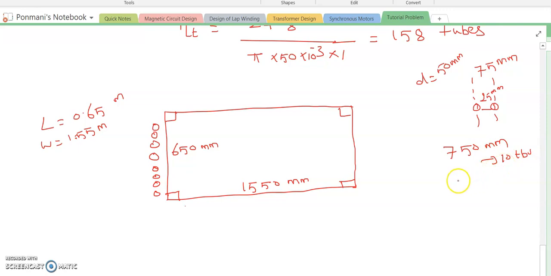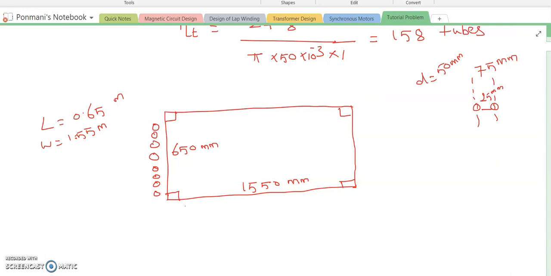And if you arrange 20 tubes, it will be 1550 mm. Like that you can arrange some number, but the spacing you also have to consider. So we can arrange the tubes lengthwise and widthwise. This is how you have to decide.